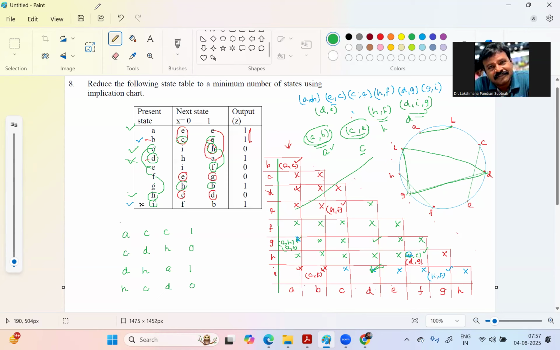So this is the reduced table, right? So this is the present state, this is the next state for x equal to 0 and x equal to 1, then this is the output. So this is the reduced table.